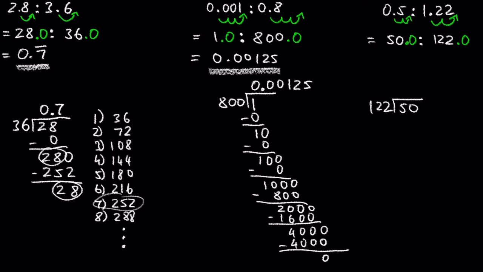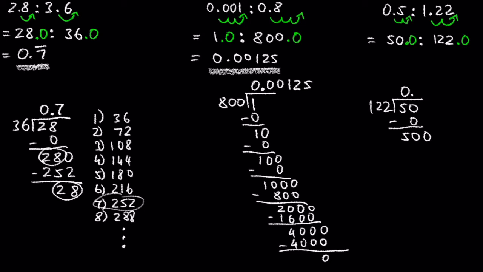122 goes into 50 0 times. 0 times 122 is 0. Subtract 0 from 50 and we get 50. Bring down the 0 and put the decimal point. The 122 goes into 500.